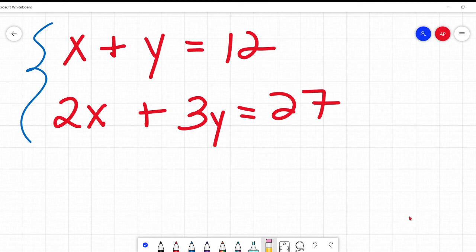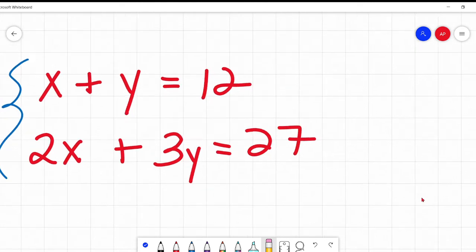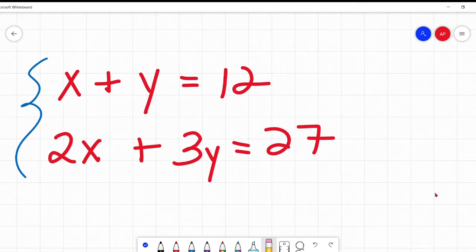We're going to be taking some terms and substituting them for other terms to solve. Well, first, I'm going to get x by itself. I'm going to solve for x when I look at this. I'm like, I think that's going to be the easiest. I can pick either one, solve for x or solve for y, but I'm going to solve for x.